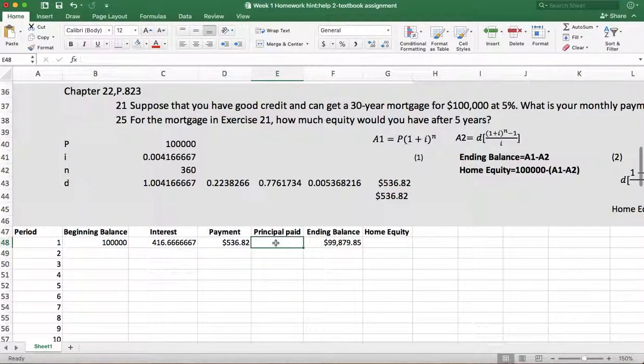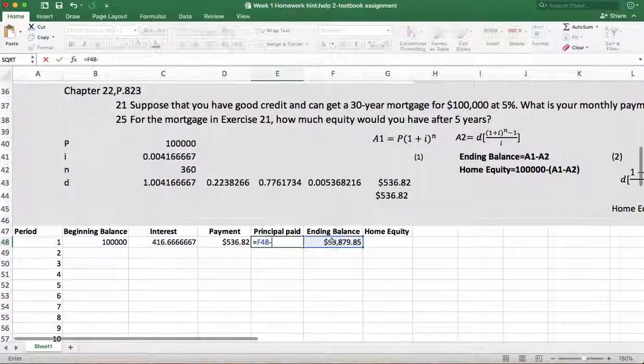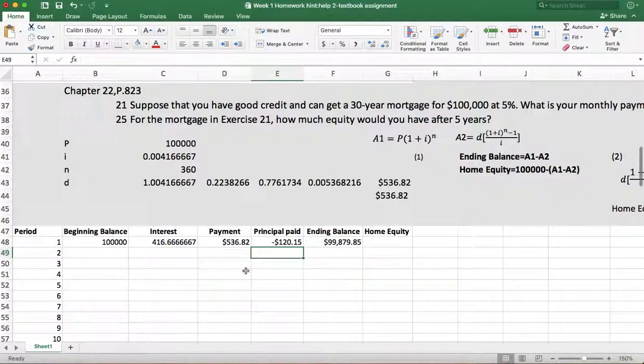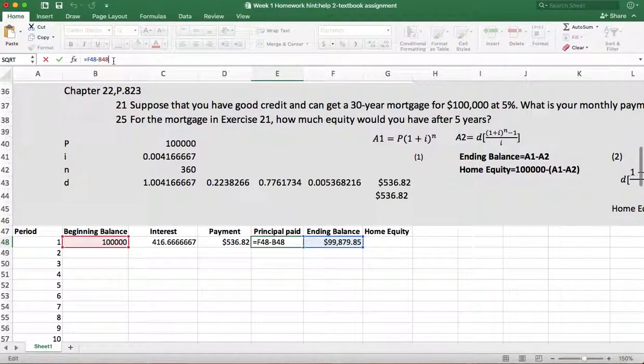Principal paid in period 1 is the beginning balance minus ending balance.